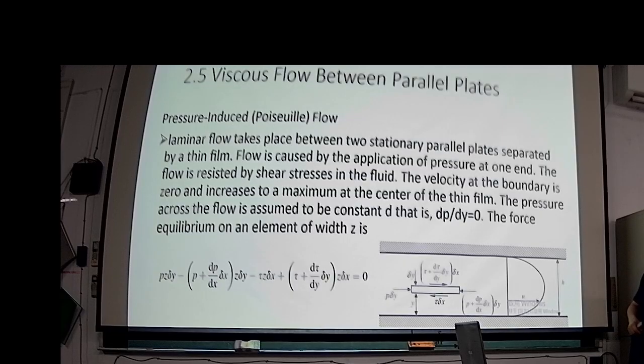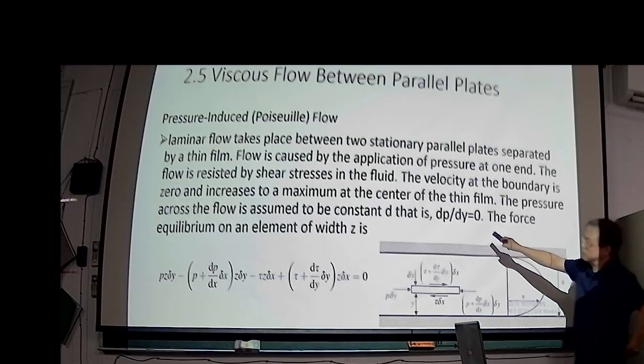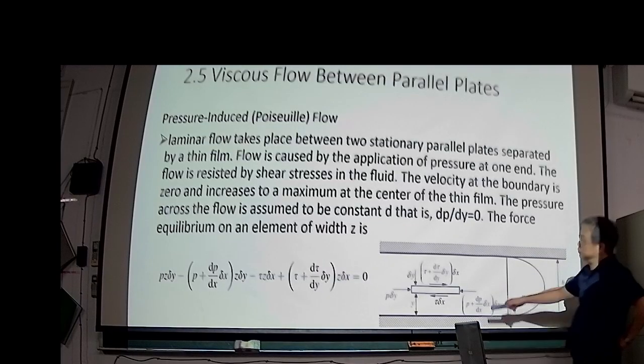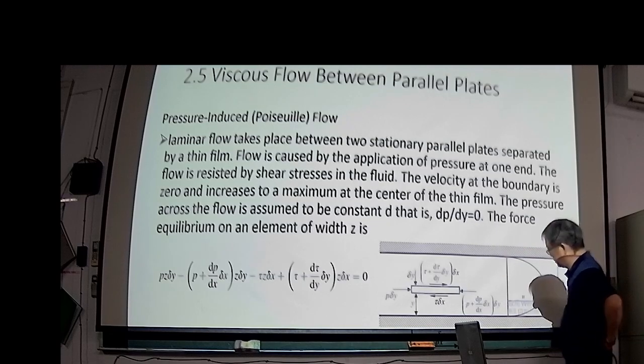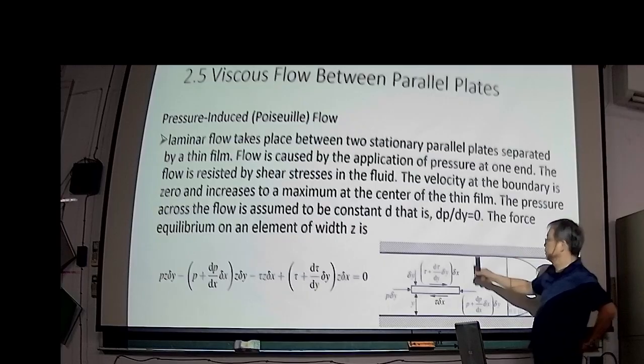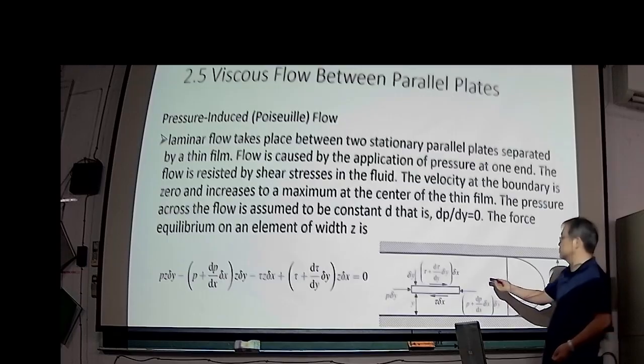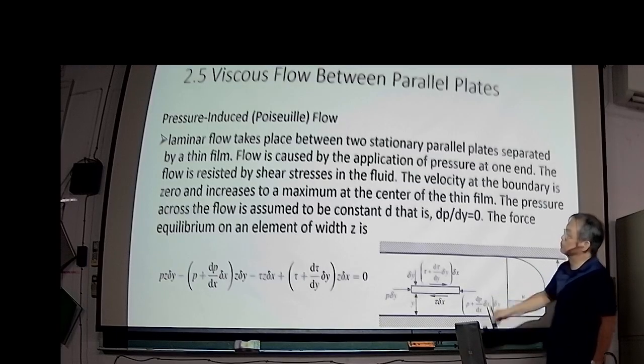Okay? So that's why you have this one. If y is equal to zero, the pressure will not change at different heights. So this is the x direction, this is the y direction.